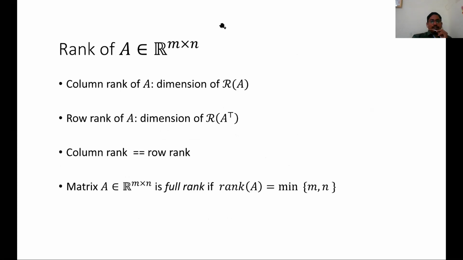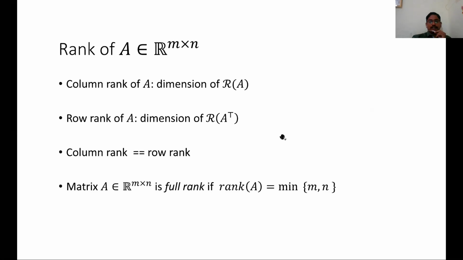Now one needs to find the rank of a matrix. Column rank is nothing but the dimension of the range of A, and row rank is similarly defined; these two numbers are always the same, and that number is called the rank of the matrix. What do you mean by rank of a matrix?